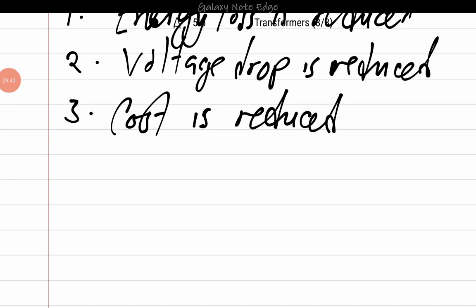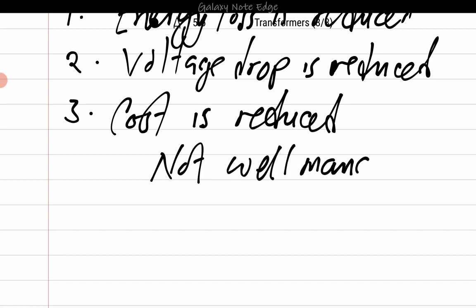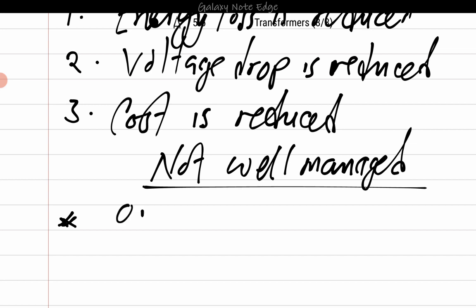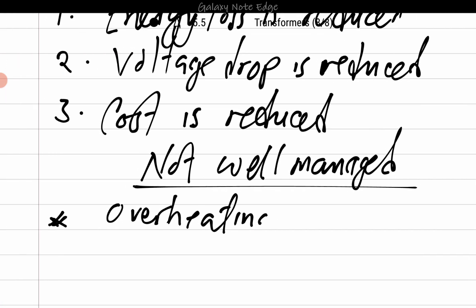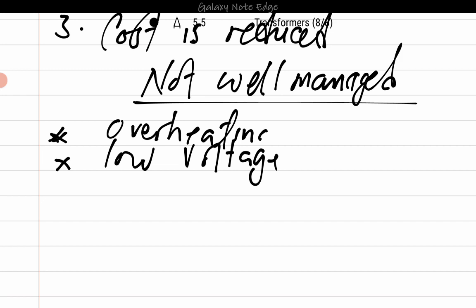So if this transmission is not well managed, we have a lot of consequences. We are going to have scenarios of overheating, so it has to have constant attention. You also have low voltage, meaning that the voltage level is going to decrease, so you have low voltage output.